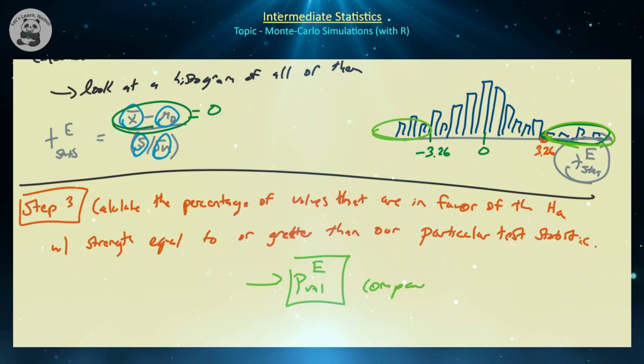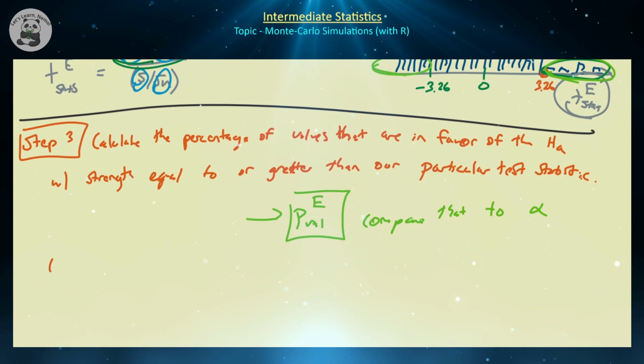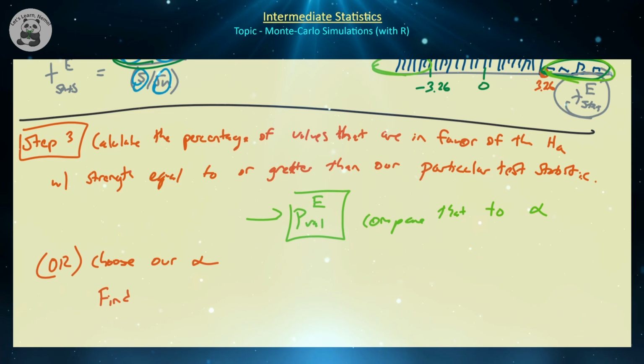And we would compare that to our alpha value, right? Or you don't have to do everything with p-values. You can do critical values if you want. So as usual, we would choose our alpha, and then we can find the quantile.